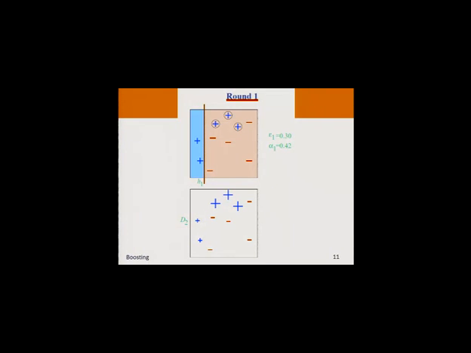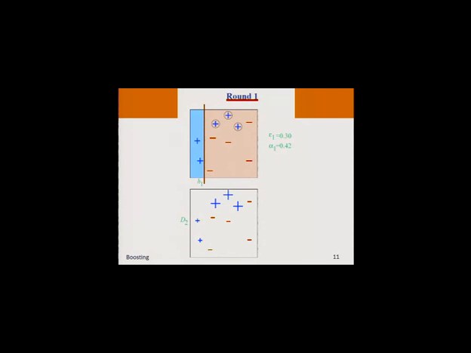So I made 3 mistakes, which means, hopefully you can see this green, 3 mistakes over the uniform distribution. My epsilon 1 is 0.3, 3 out of 10. And if you do the math, you'll see that alpha 1 comes to be 0.42. Okay, now what do I do?